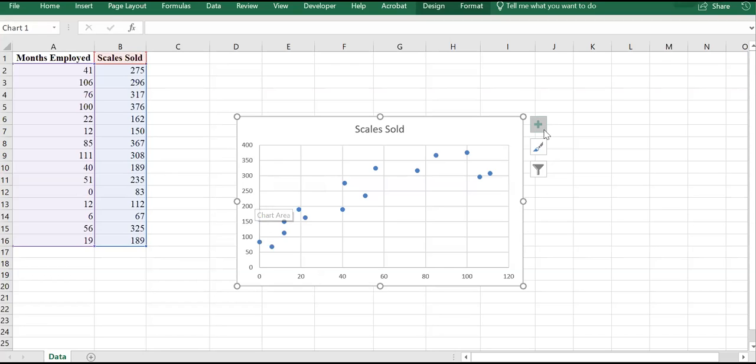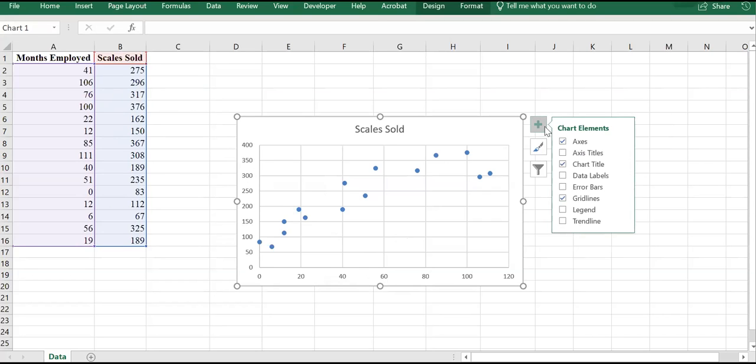That's exactly what we want, because sales is my dependent variable, Y, and I want it on my vertical axis, and months employed, the length of employment or experience, on the horizontal axis, as my independent variable.